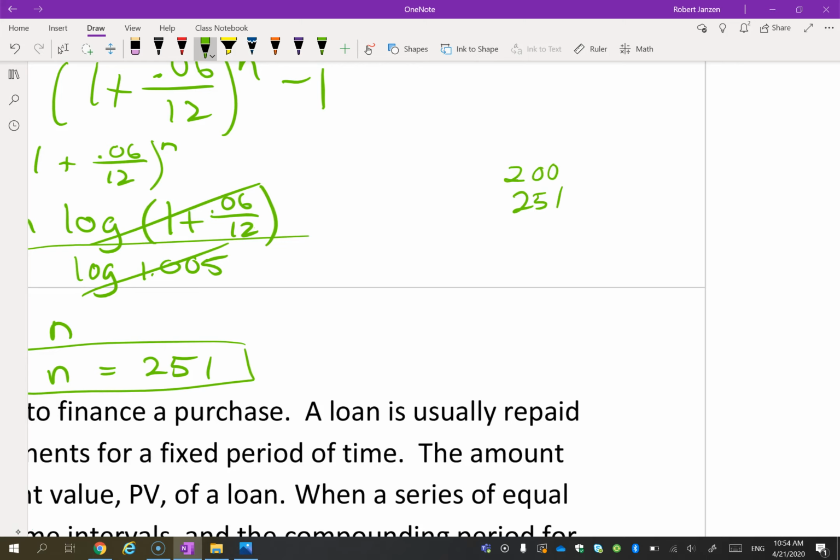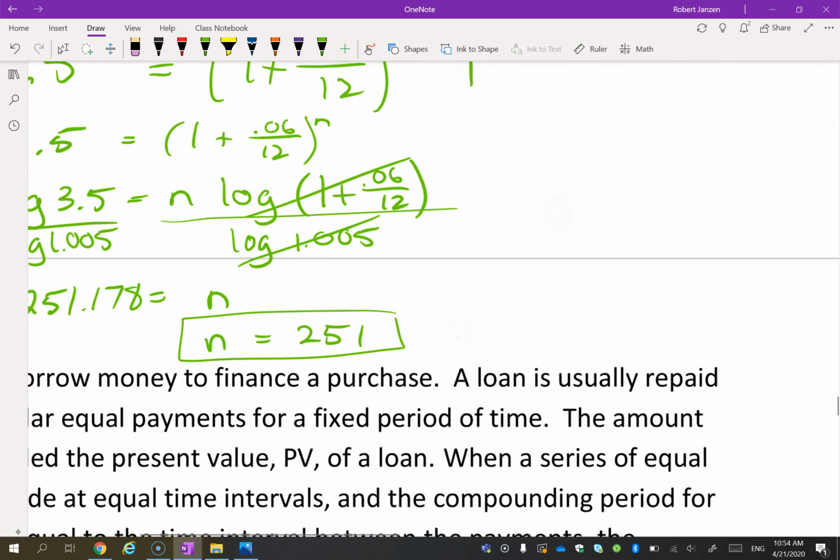Because if you're making 251 payments of $200, this is actually $50,200. So what this means is if you pay $50,000, you'll end up with $100,000. This is the beauty of compound interest and saving money. All right? If you can learn something from this course, is that you should save some money because it grows for you.